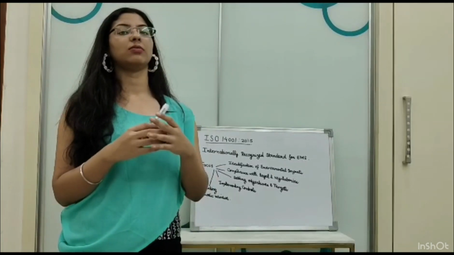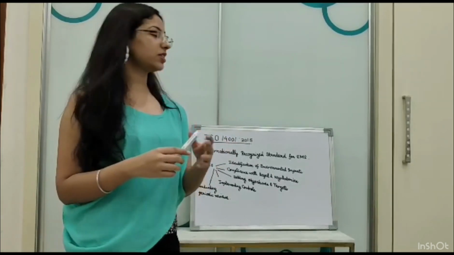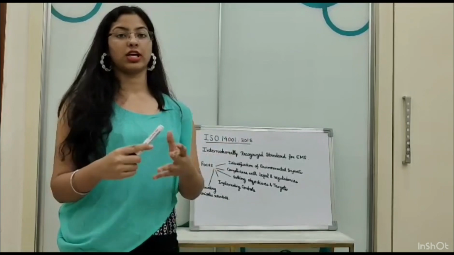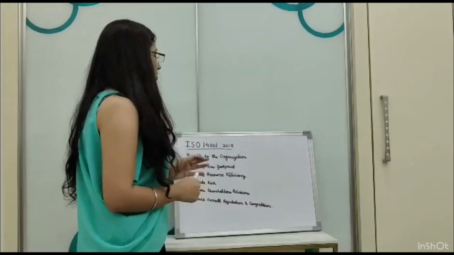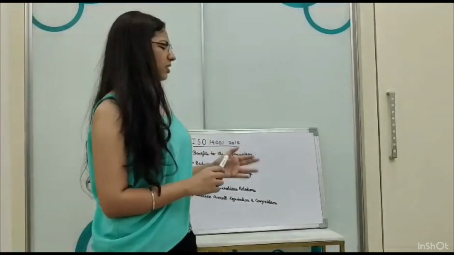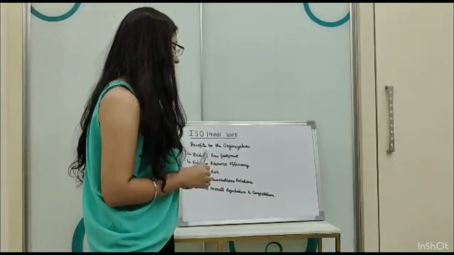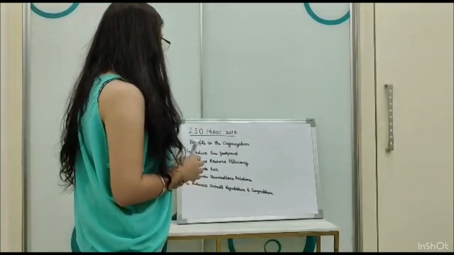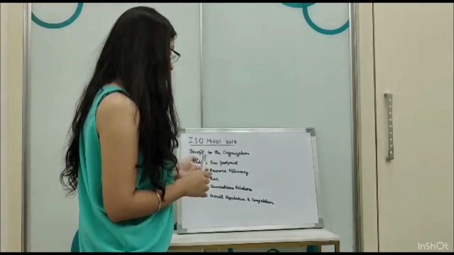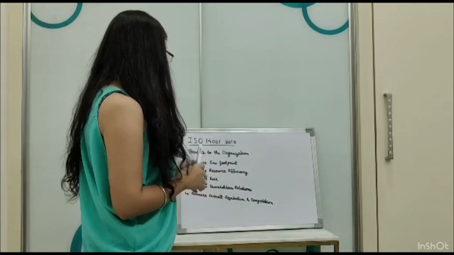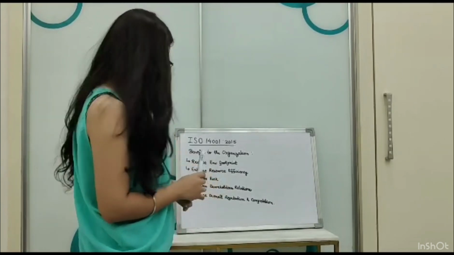Next we'll learn how these standards help the organization. By implementing ISO 14001, it can definitely benefit the organization. So number one point is it reduces the environmental footprint. Also it will enhance the resource efficiency. It will mitigate the risk-taking powers.